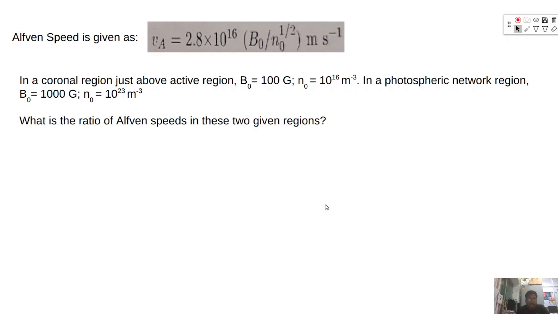So now we have a question regarding Alfvén speed. In Alfvén speed, we have a formula like VA equals to this. So how do we find it? What we know about VA is that you have B by root over mu and rho, right?